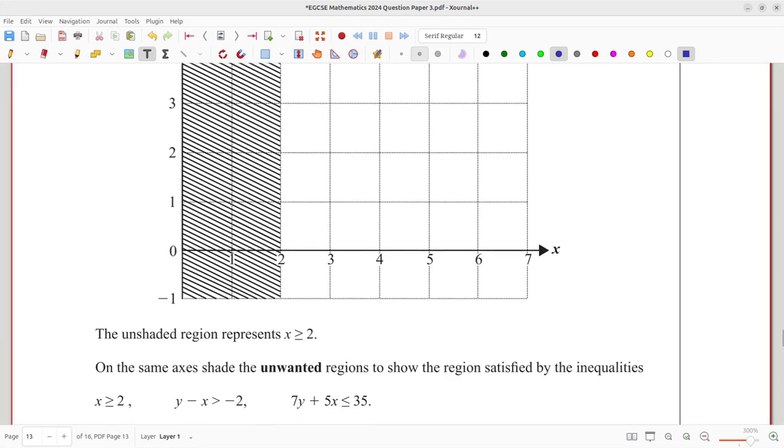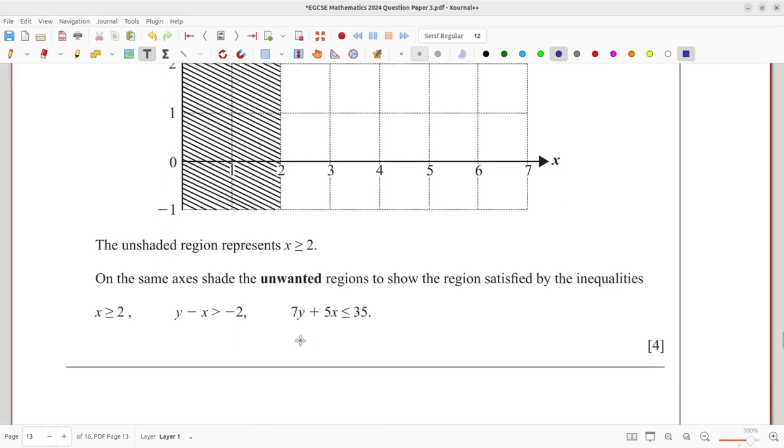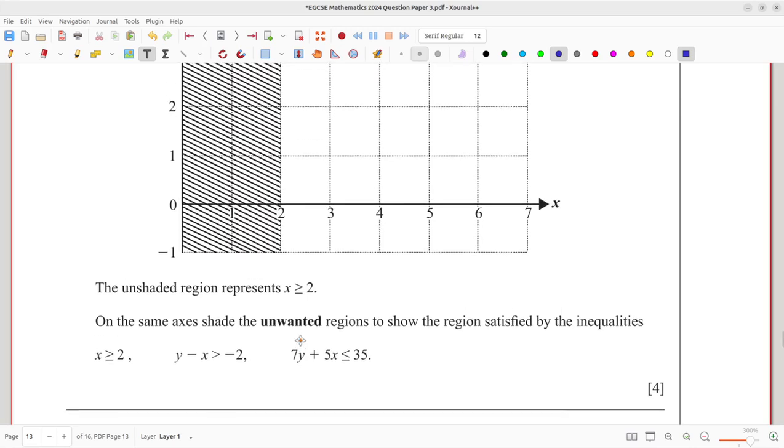The unshaded region represents x greater or equal to 2. On the same set of axes, shade the unwanted regions. x greater or equal to 2, it's already shaded. Then y minus x is greater than 2. Let's first try to write this as y equals x minus 2.